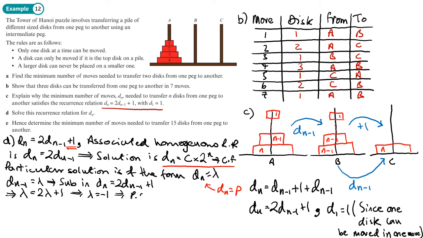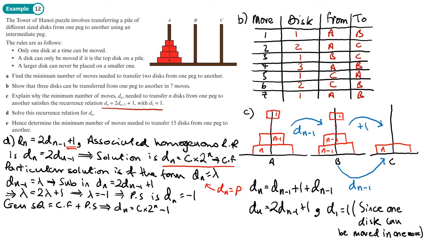So now we've got the particular solution, I'll just write PS, is d_n equals -1. The general solution is going to be the complementary function plus the particular solution. The complementary function is c times 2^n, so we'll write d_n equals c times 2^n minus 1, because that's the particular solution.